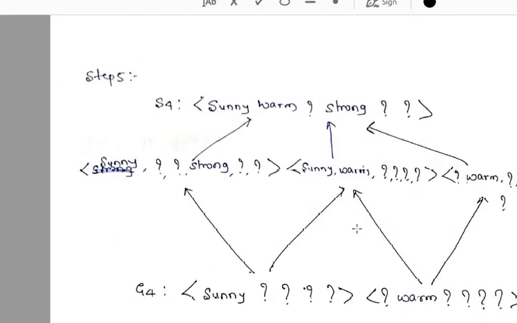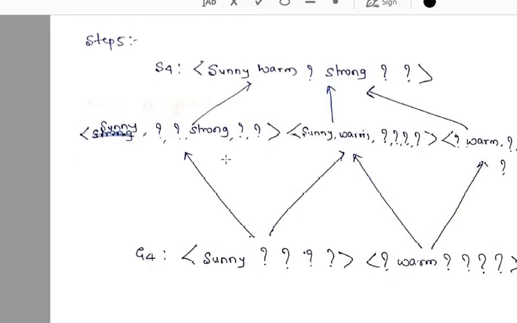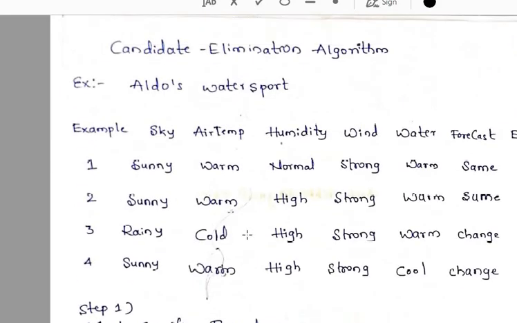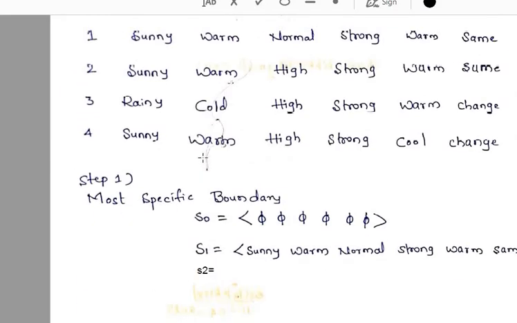So let us go with the last step, that is the fifth step. Up to the fourth step we have this value, and please remember that we will take that fourth attribute in my next input. So it is sunny, warm, high, strong, cool, change.